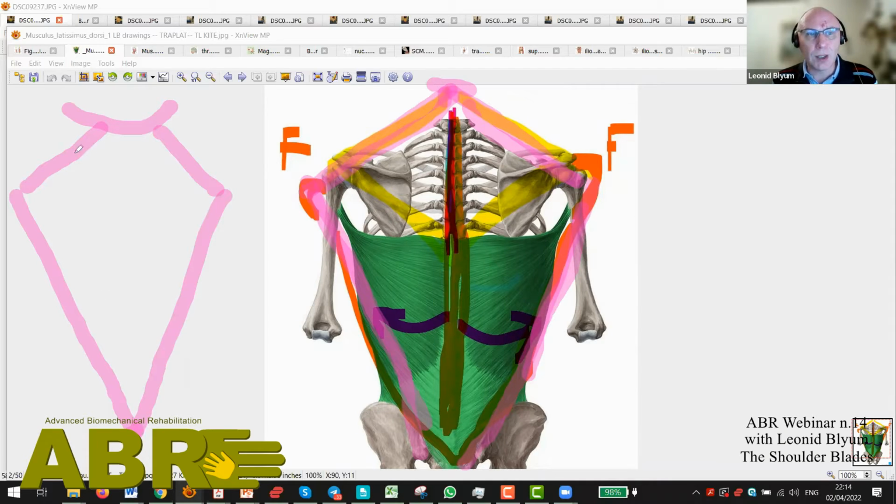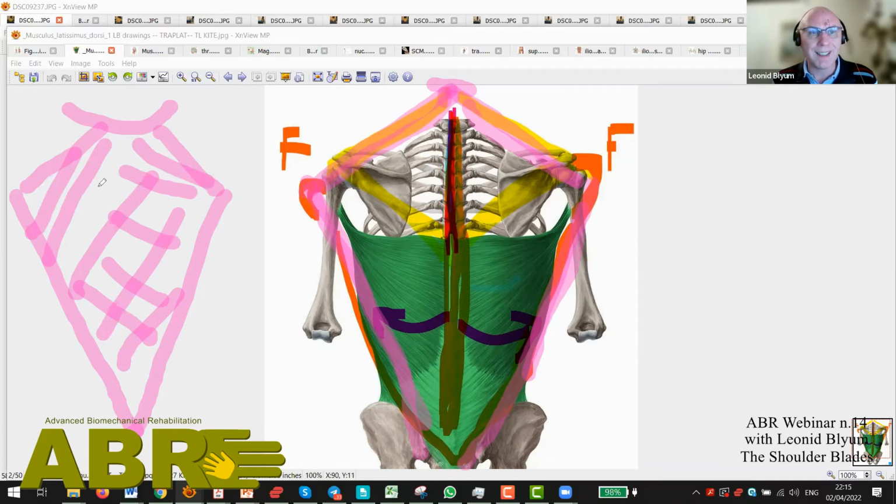So that's the total primary link of the back. That's the layout. If this layout is not there, then the arms are going to slide all the way up towards the head in order to help the control of the head via this link to the arms. So that's what you have to see there.